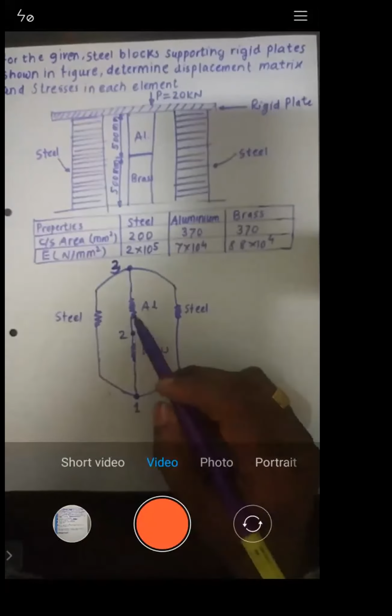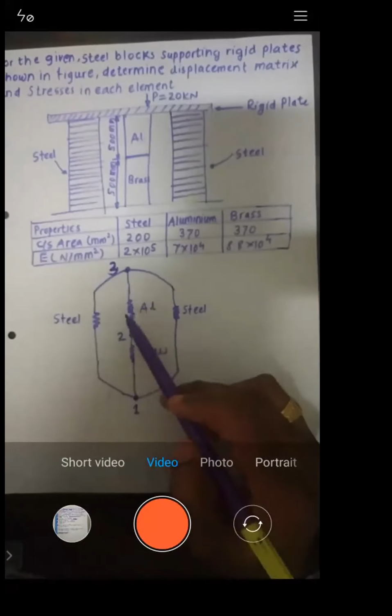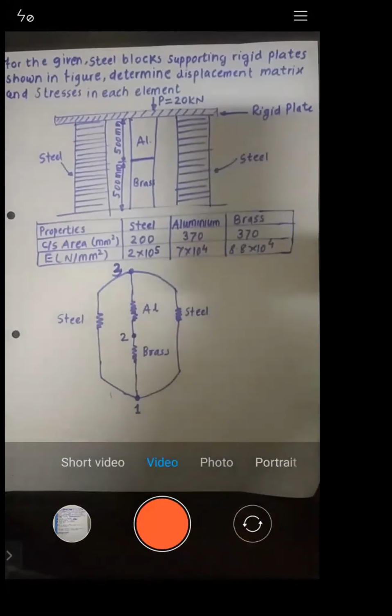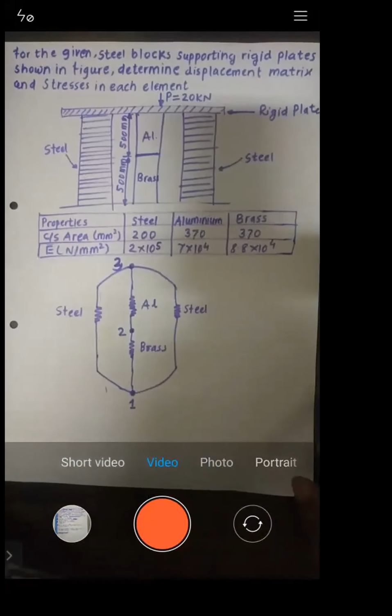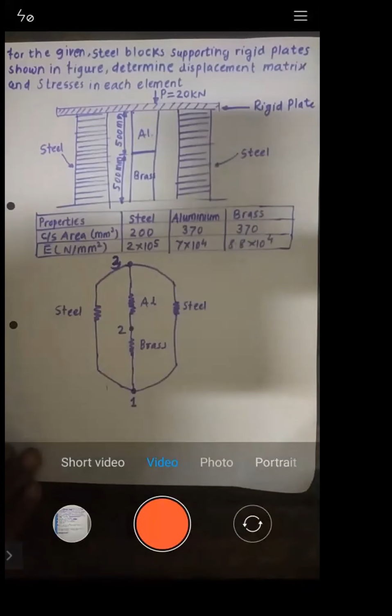This is node number 2 where these two elements are connected, and this is node number 3 where these three elements are connected. Is there any more connection point rather than these 3 points? No, sir. So in this problem, how many nodes are you getting? You are getting 3 nodes.